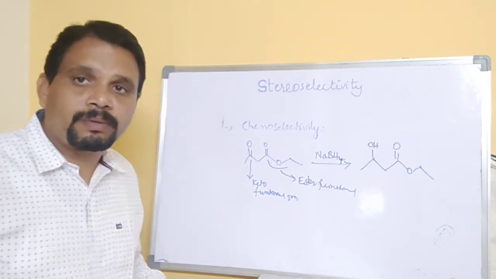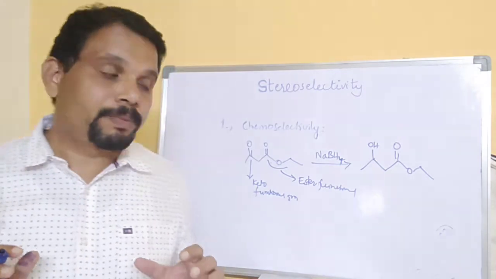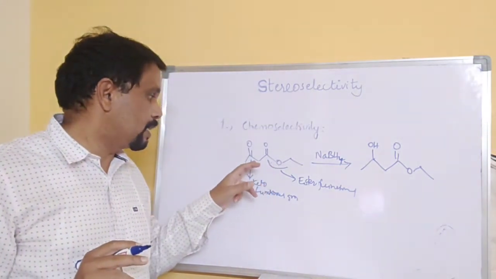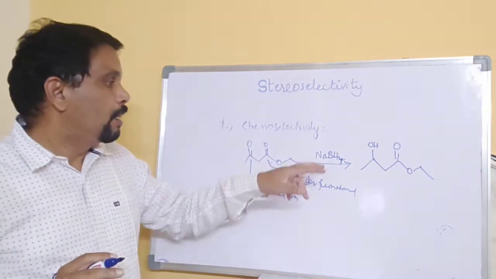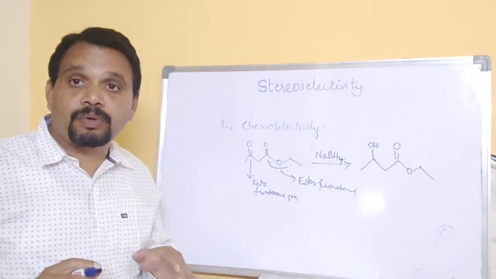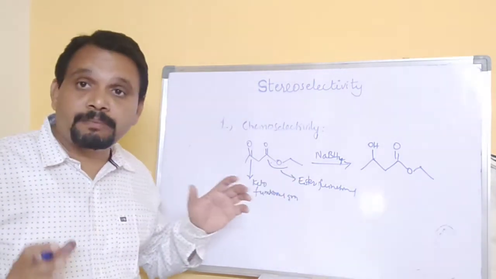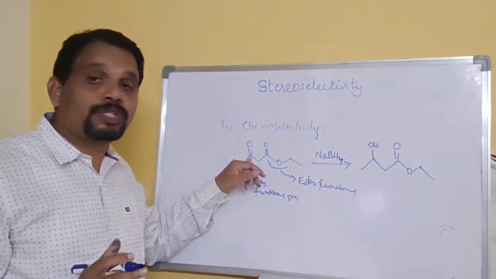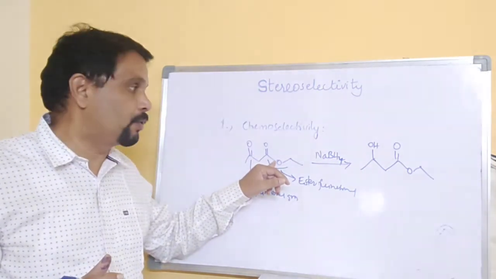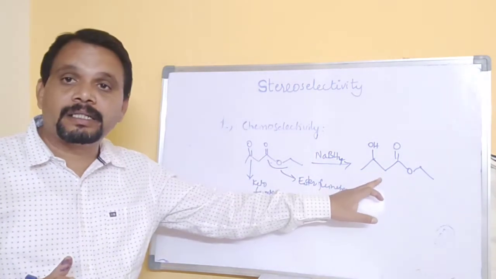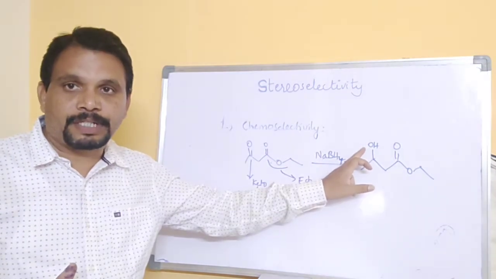So there are two possibilities for the reaction to take place. One is ester, another one is keto functional group. Among these two options, this reagent, sodium borohydride, preferably reacts with the keto functional group instead of the ester functional group, so that the keto group is converted to an alcohol functional group.